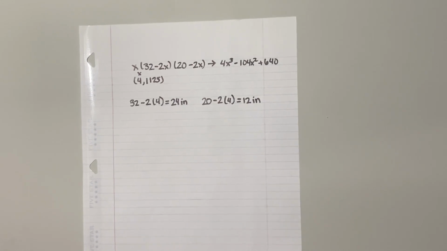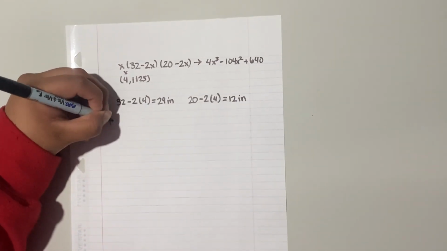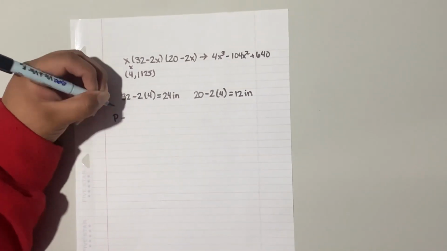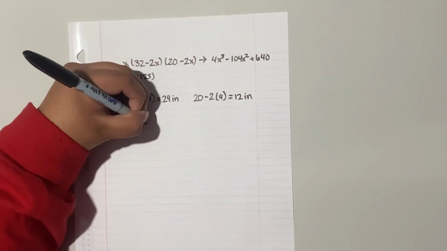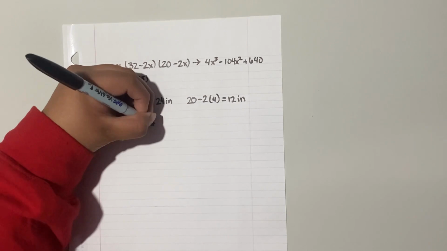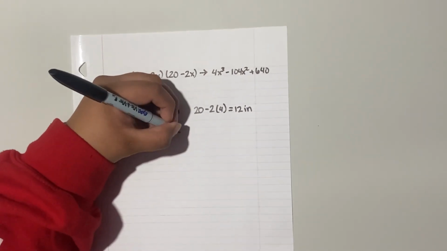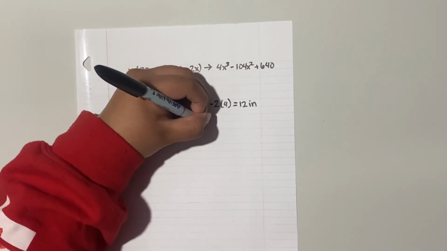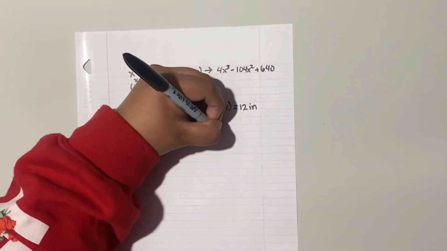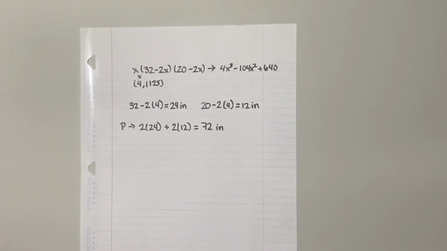Okay, to find the perimeter, we could either add up all the sides or we could just use this equation. 2 times 24 plus 2 times 12. And then that gets us 72. So our perimeter is 72 inches.